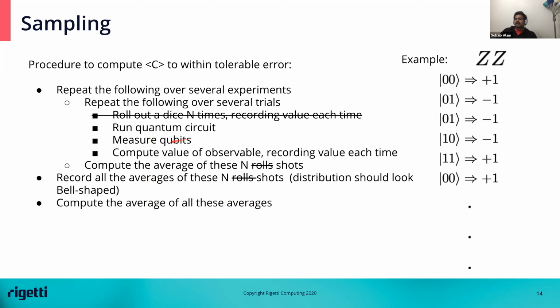But really, in practice, what people do is they specify some number of shots, computing the number of shots that will produce some tolerable error. Once they have that, they will just report what that expectation value is, using that many shots.